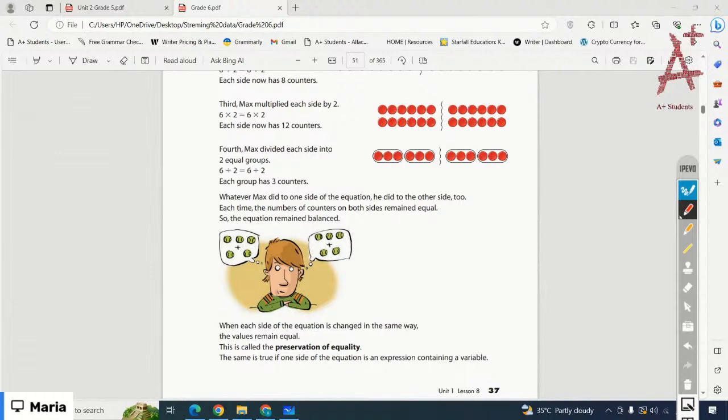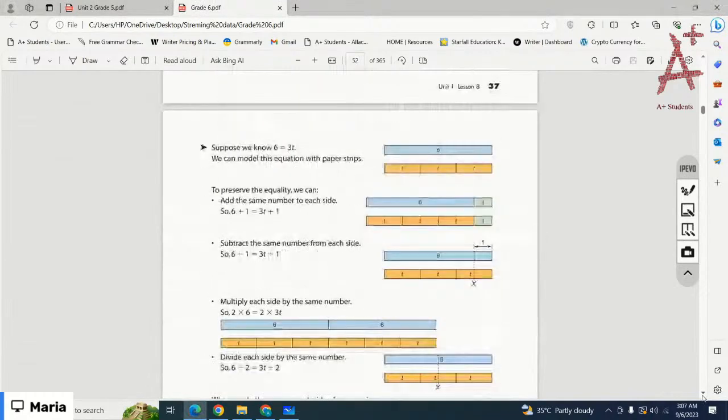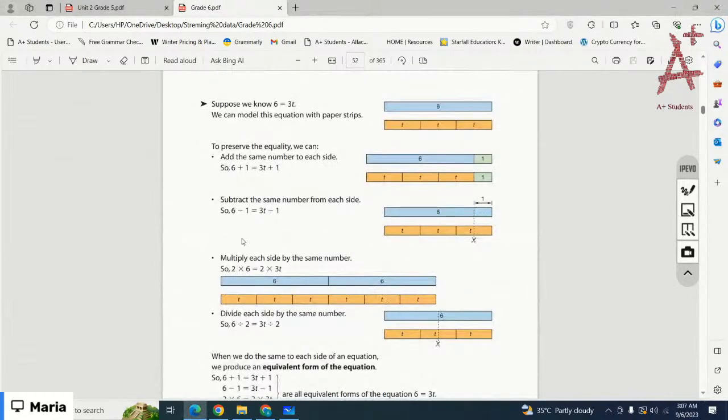Okay, just look at this example. Suppose we know 6 equals 3t, right? This one represents 6 and here you have 1, 2, 3, 3t.